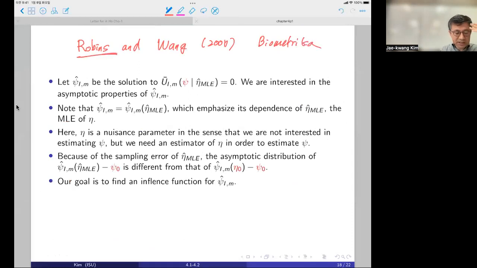This guy, James Robins, if you Google James Robins, he's at the Harvard Biostatistics Department and Epidemiology. He's originally a medical doctor, an MD, but he studied statistics as a hobby, and became a professor at Harvard.